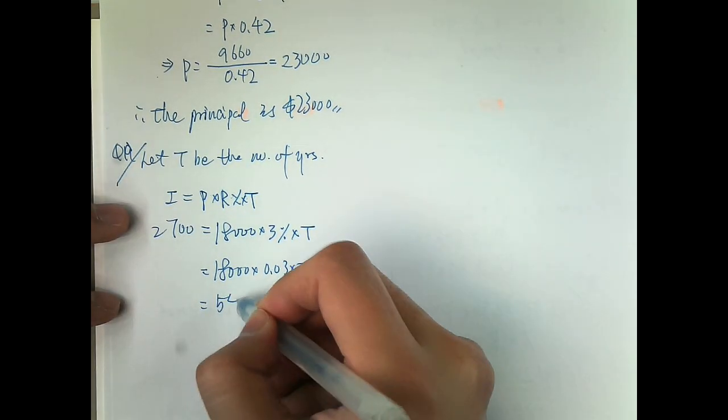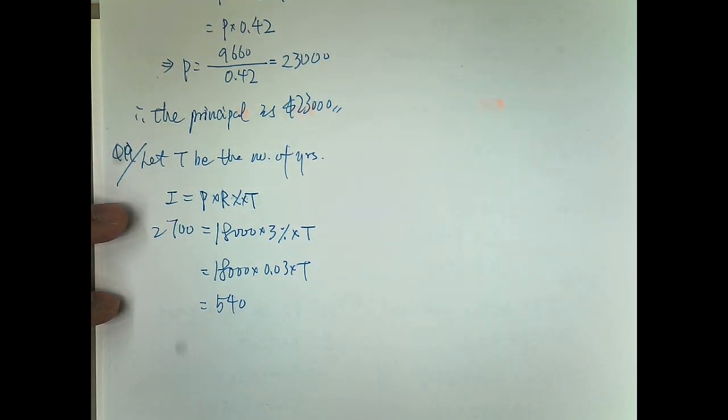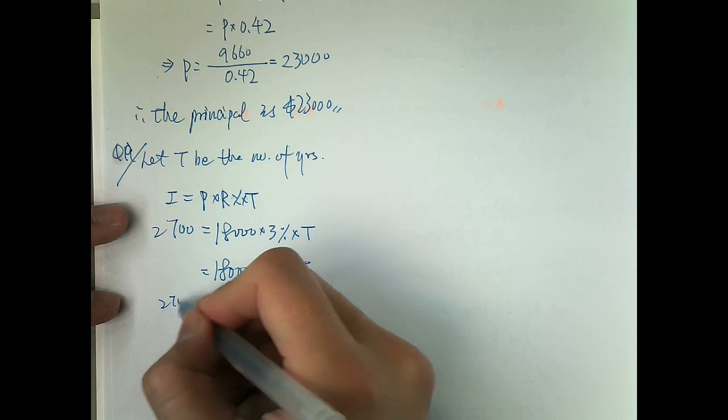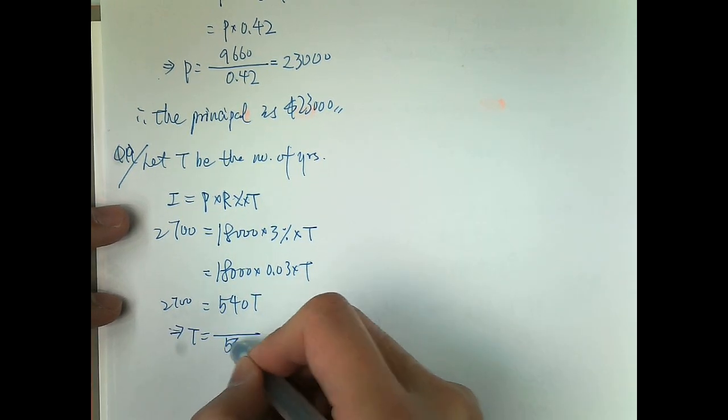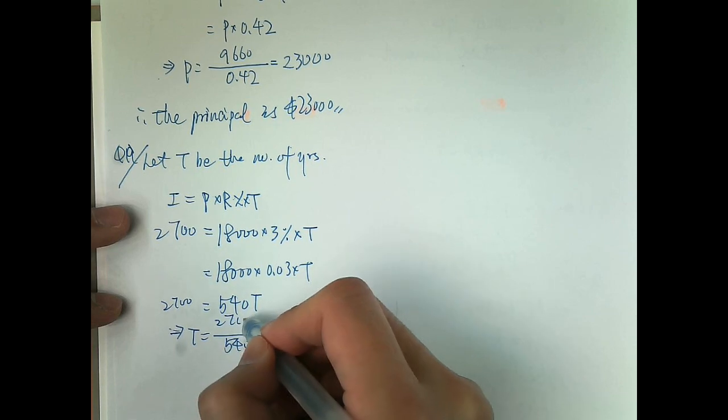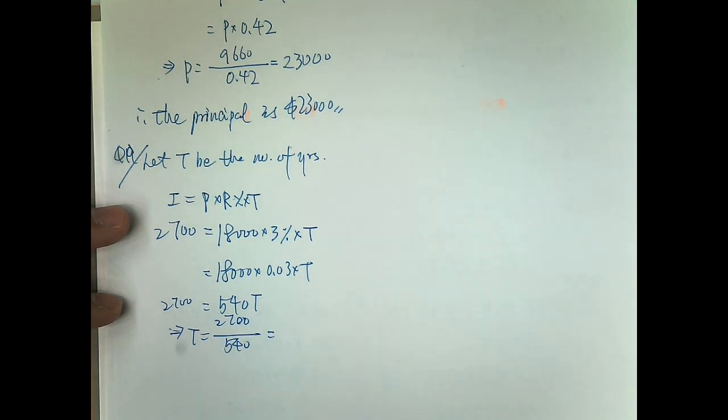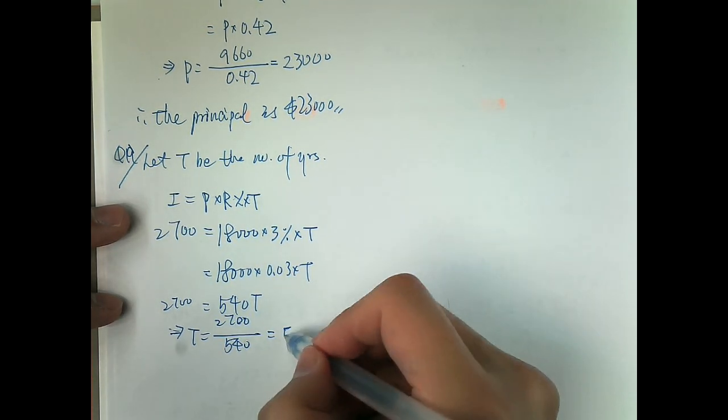This will be 540 times T. So divide both sides by 540. Okay? That will be 5.